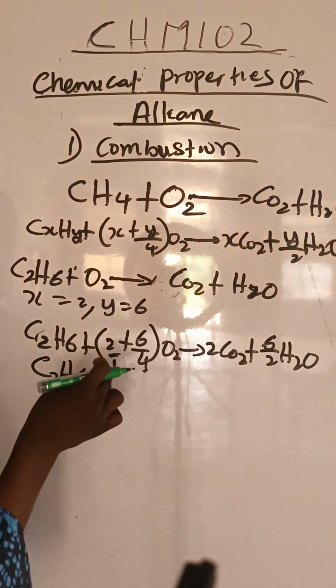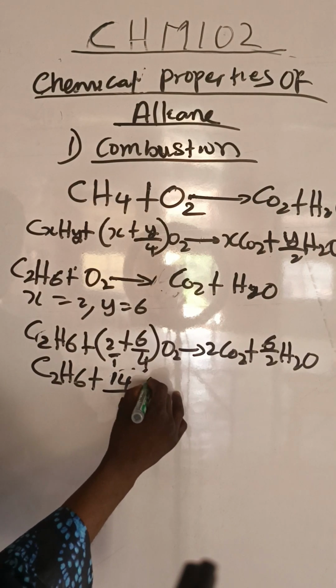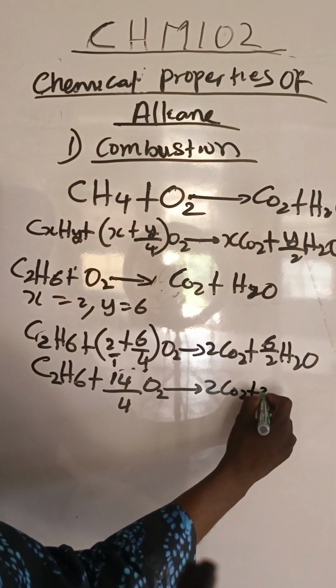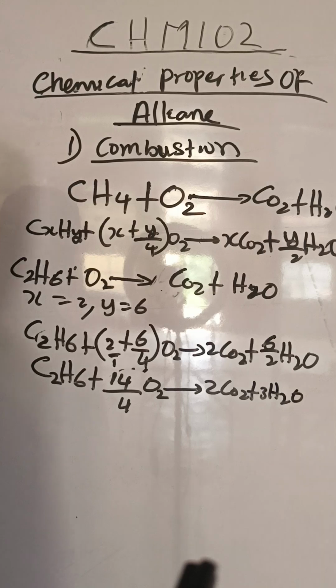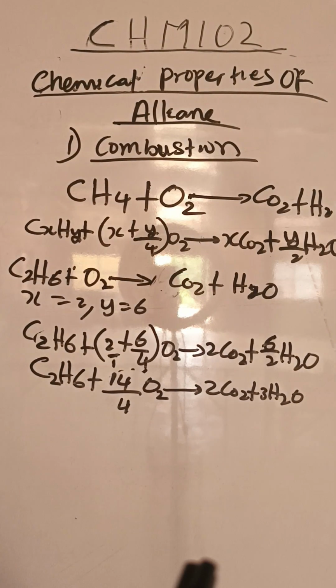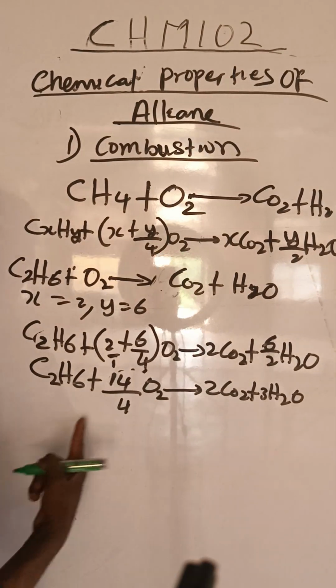So the next step will be 14 over 4 O2, then 2CO2 plus 3H2O. Now you can see that we have a fraction here, and we cannot leave it like this. What will be the next thing? You will use this 4 to multiply both sides.